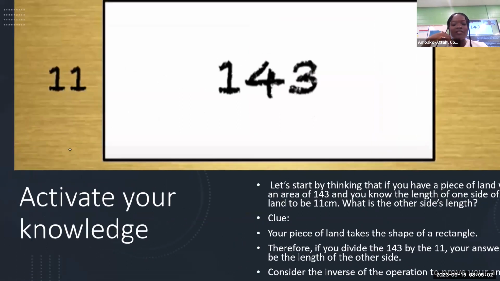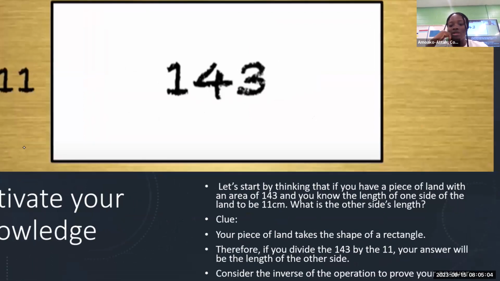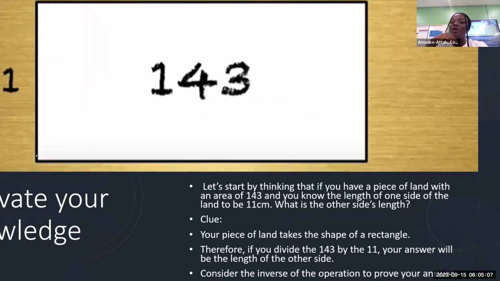All right, so now let's activate our knowledge. So we start by thinking that we have a piece of land with an area of 143. So it is the area of the piece of land, or square units, right?